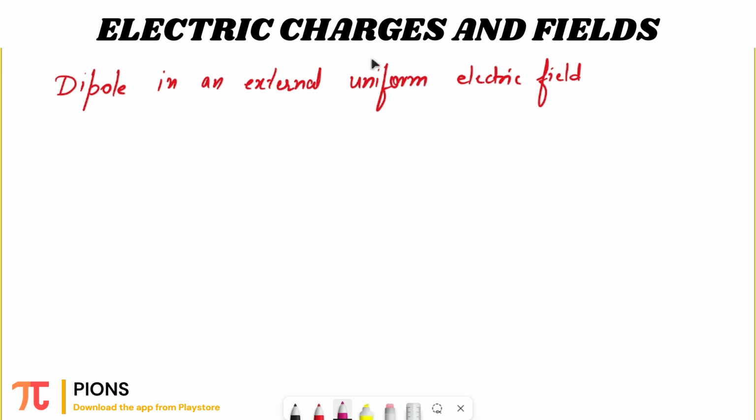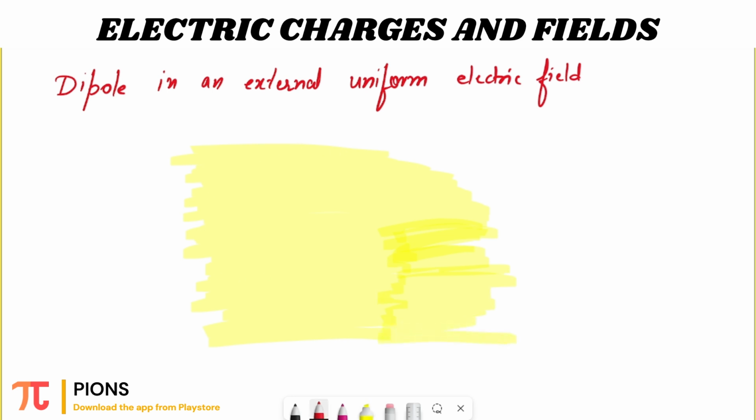So what's a uniform electric field? A uniform field will look like this. You have a constant value of field which remains constant and doesn't change. If I completely fill this whole space with such a field, though it looks like there are gaps, I am not putting these gaps. So this is like a uniform electric field, all over the space. Since I have colored it on, it became a little dark, but it is uniform, so the value will be the same.